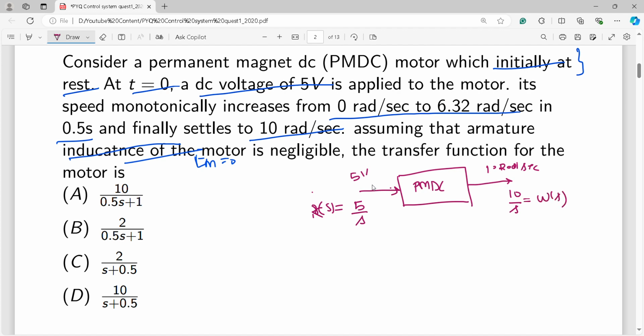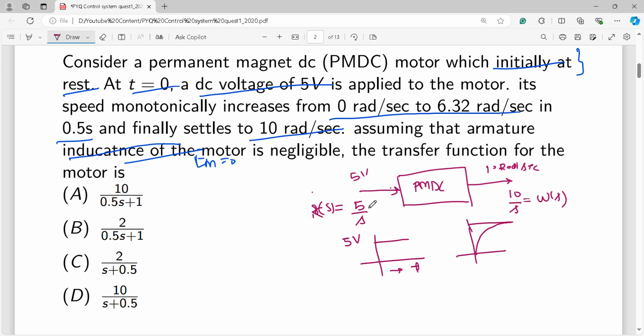Radian per second. Since we are giving the input, this is 5, and this is volt actually, make sure. And we are getting the speed finally as 10 radian per second.